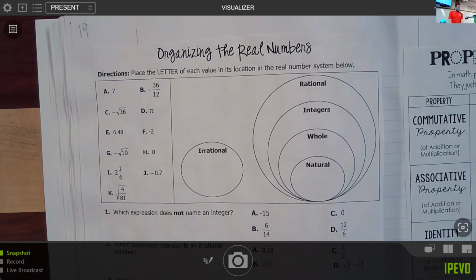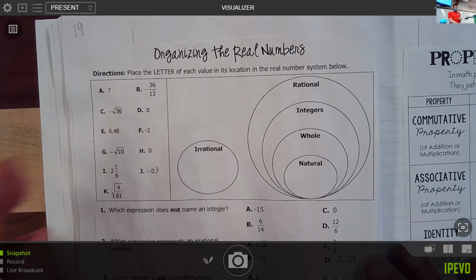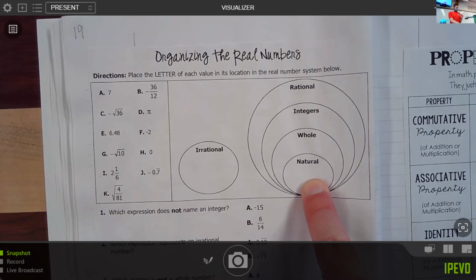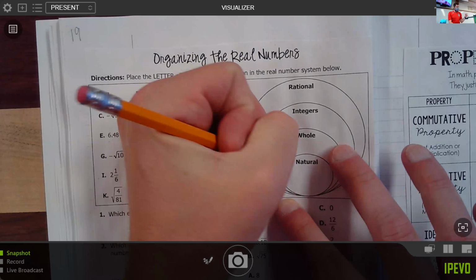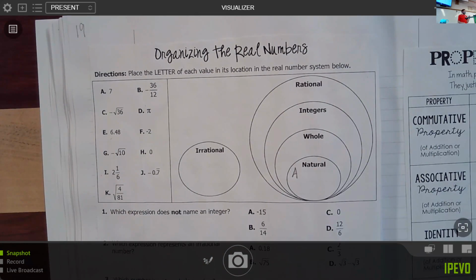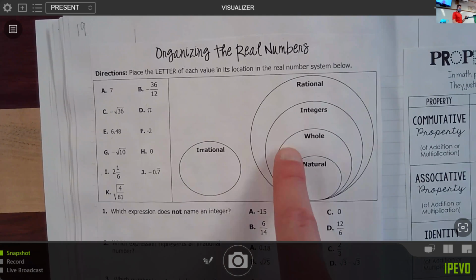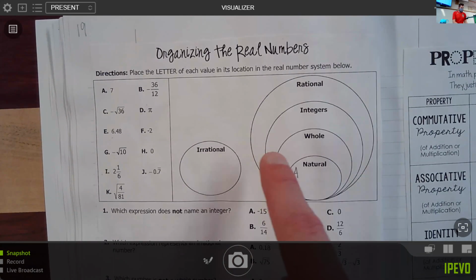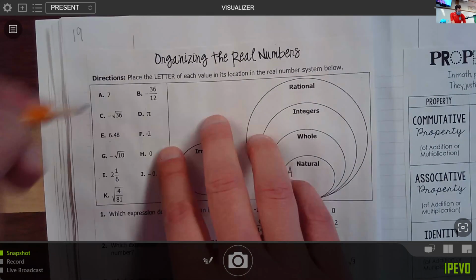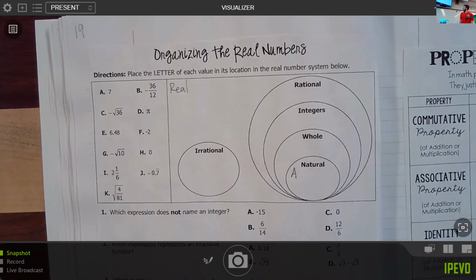For example, A is a positive whole number, which means the most specific we can get is natural numbers. So A goes in natural numbers. We don't have to put A in whole numbers because natural numbers are contained within whole numbers, which is within integers and rational. And this whole thing over here, I'm going to write real in the upper right-hand portion of that box because it doesn't actually say real numbers anywhere.